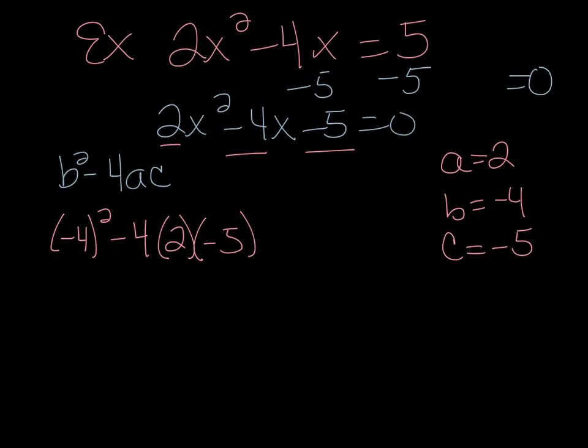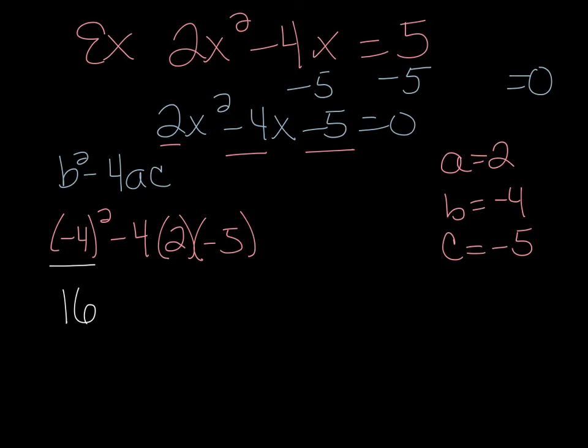Now, order of operations is so important here. Most people screw up a tiny part of this and then their whole answer is wrong. So firstly, when I have a negative value that's being squared, remember it turns positive, so positive 16. If you're doing this in your calculator, make sure that you have parentheses around negative 4.